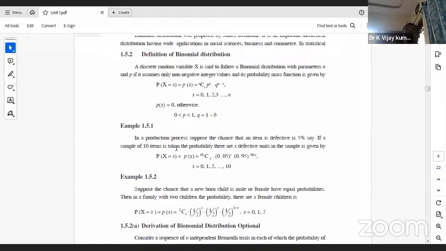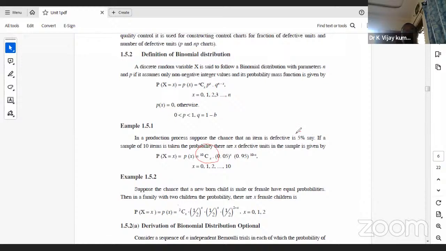So in production, one example we have to take here. In a production process, the chance that an item is defective is 5%. If a sample of 10 items is taken, find the probability of defective items in the sample. See here, the total is 10Cx.